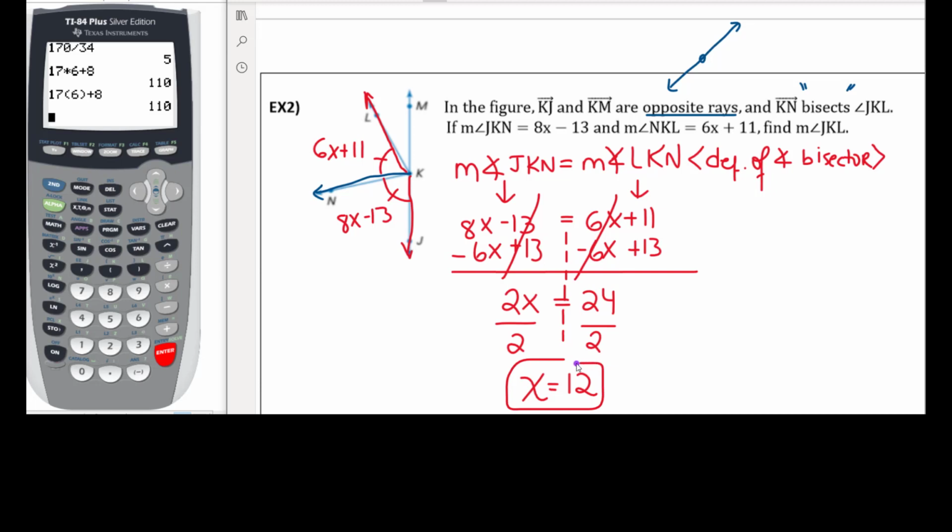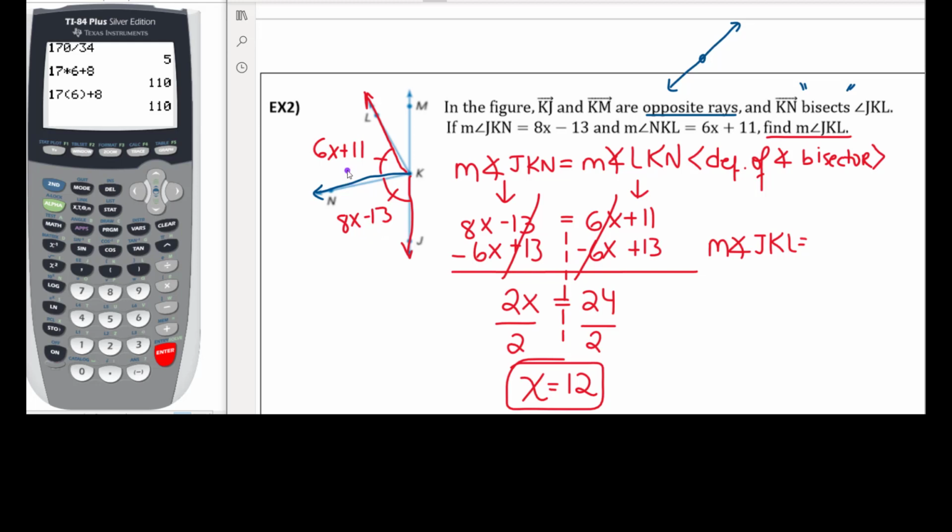Now be careful, is that what the problem is asking us to find? When we read the problem, we see that the problem is asking us to find JKL, not the value of x. We do need the value of x to find the answer. So let's write over here JKL. And what is JKL equal to? If you notice, JKL is the big angle. Now there's many ways you could do it.